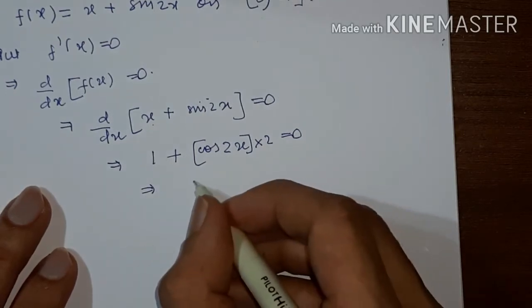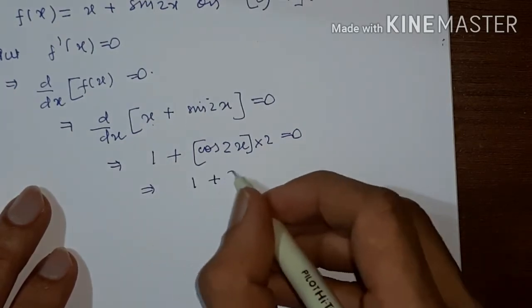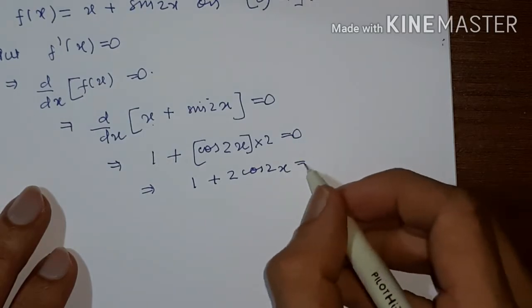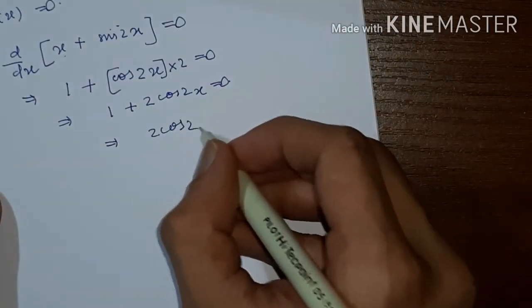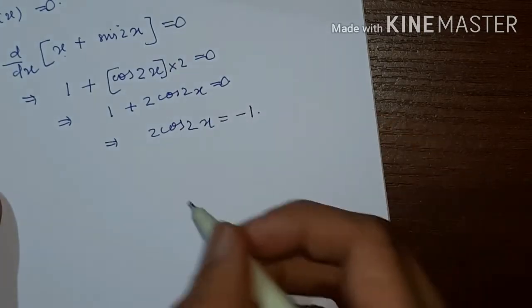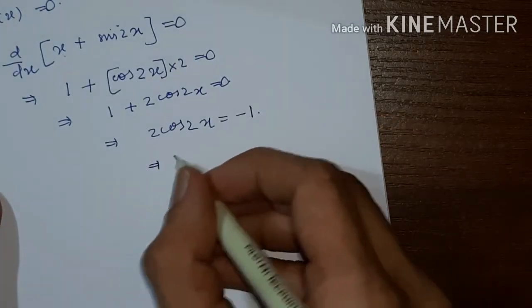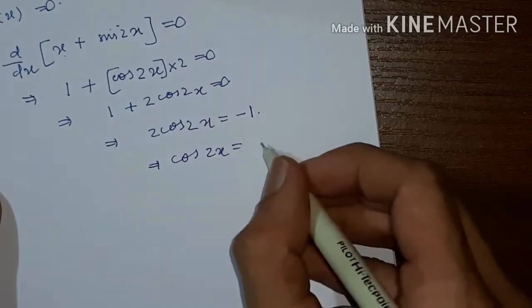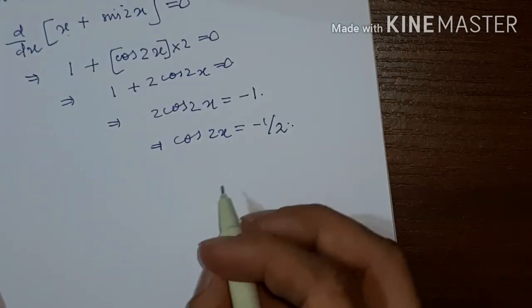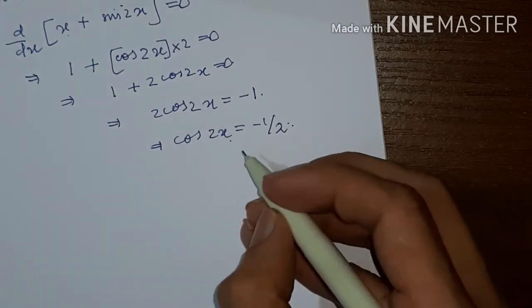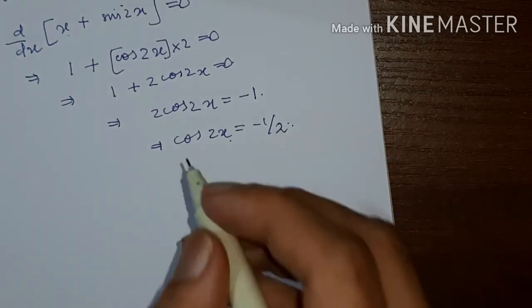So that means 1 plus 2 cos 2x is equal to 0, so 2 cos 2x is equal to minus 1. So cos 2x is equal to minus half. So this is what we have. Now from this equation we have to find the values of x, and that will be the critical points.